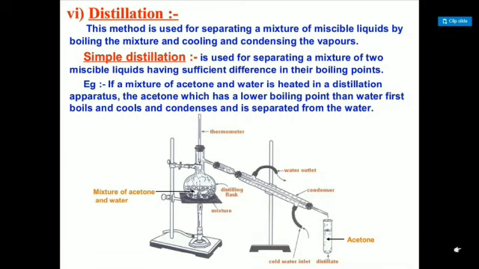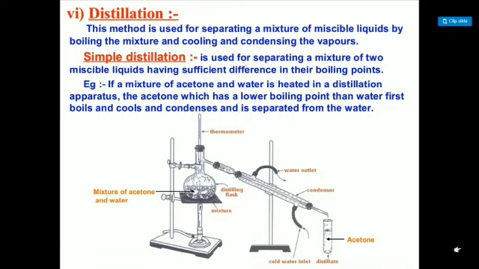It is used for separating a mixture of two or more miscible liquids having a sufficient difference in their boiling points. Boiling point is the main factor here. If the boiling points of the liquids are different, you can separate the liquids by the simple distillation method. An example given here is acetone and water.